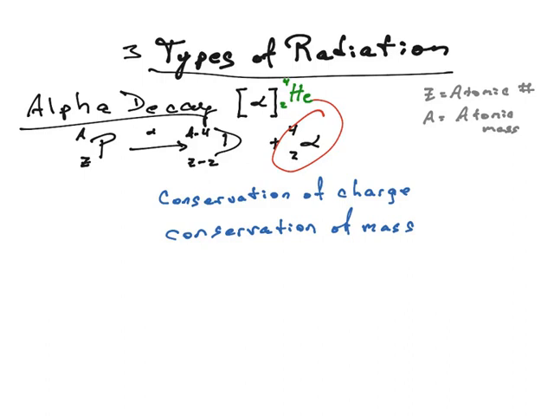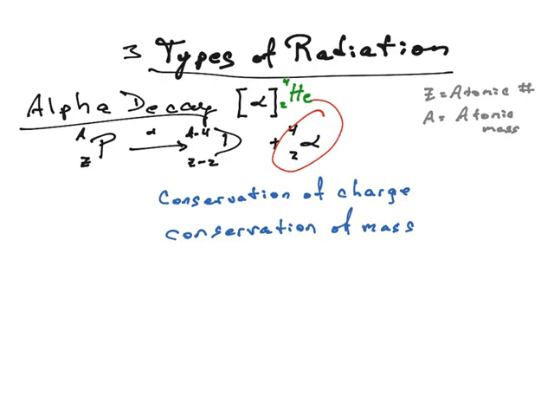So it's 2 protons, 2 neutrons. That's what an alpha particle is. Of course, when this was first discovered, they didn't know that's helium. It's just some new particle came out. But now that we know what the particle's made of, 2 protons, 2 neutrons, we know, oh, that's helium. And then the daughter, of course, we would look at its atomic number and discover what element it would be.